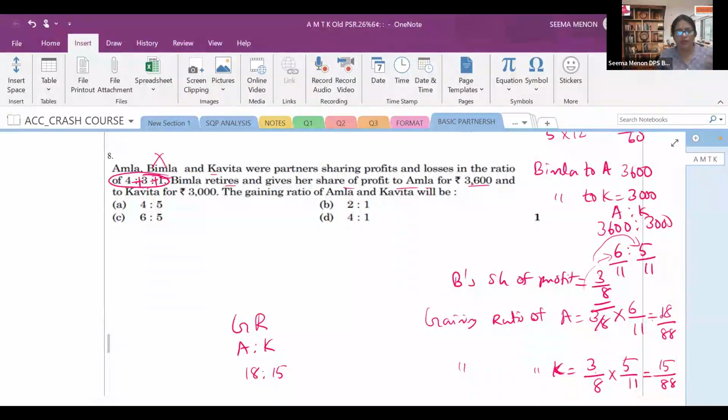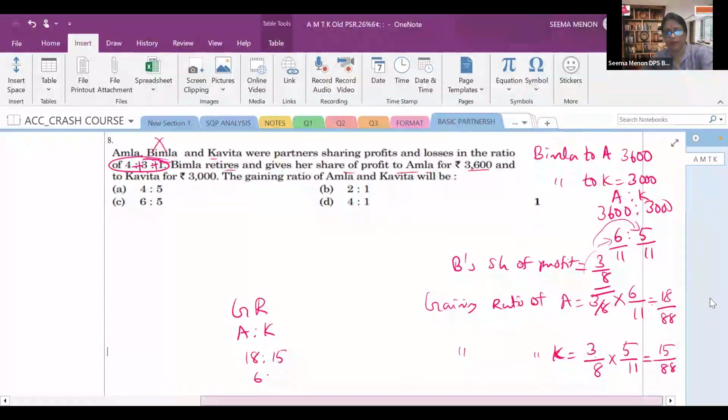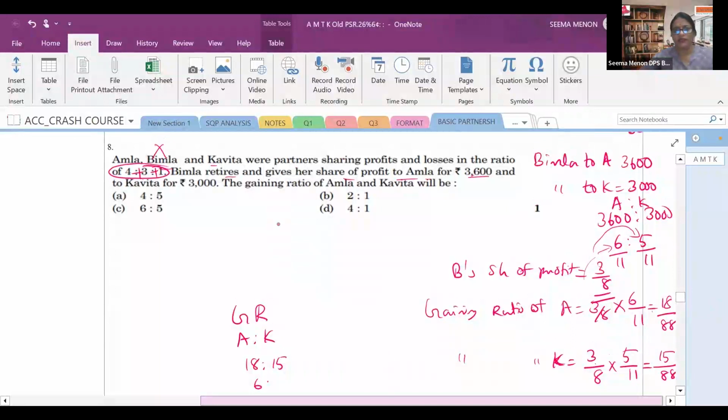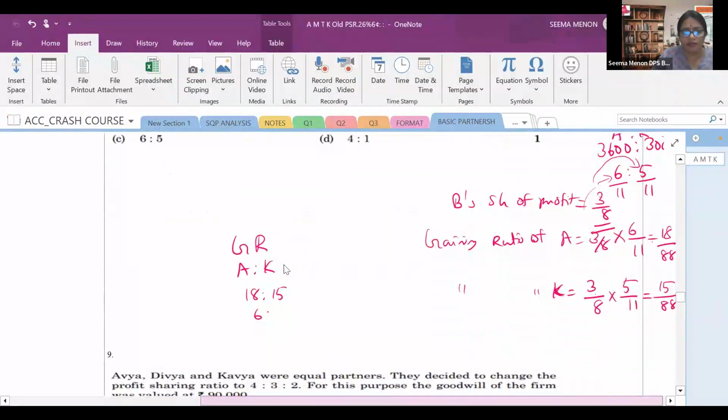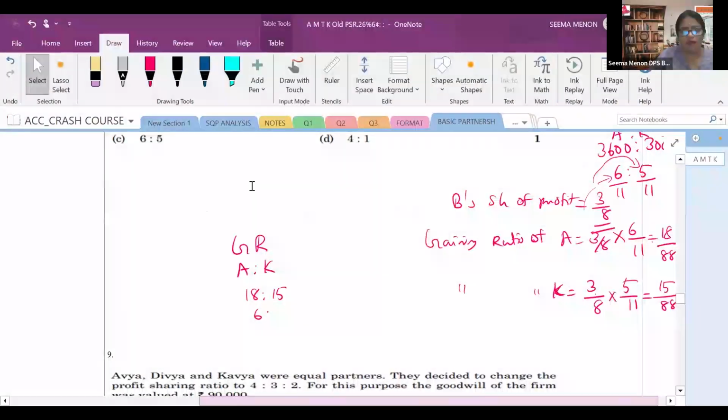If I simplify, 6 threes are 18 and 5 threes are 15. So 6:5. We can see the answer is C.